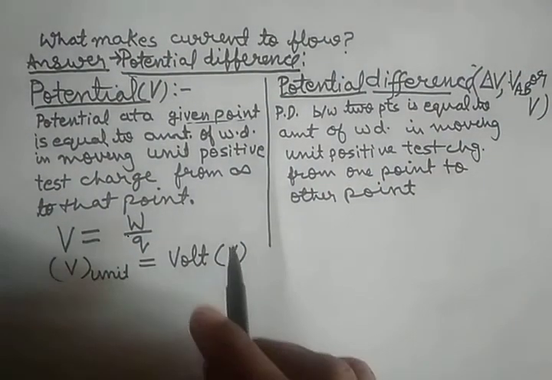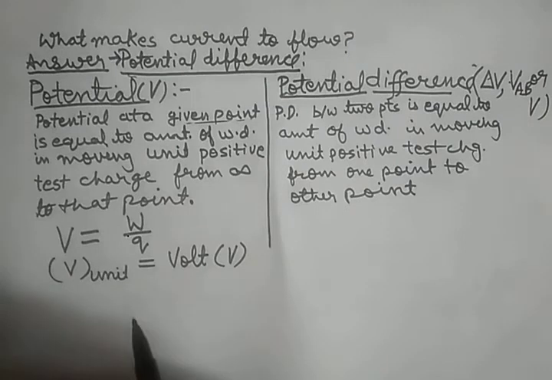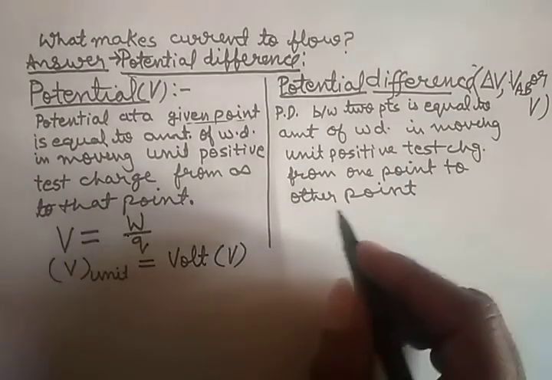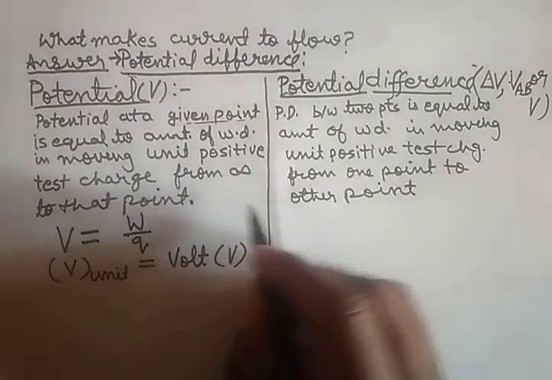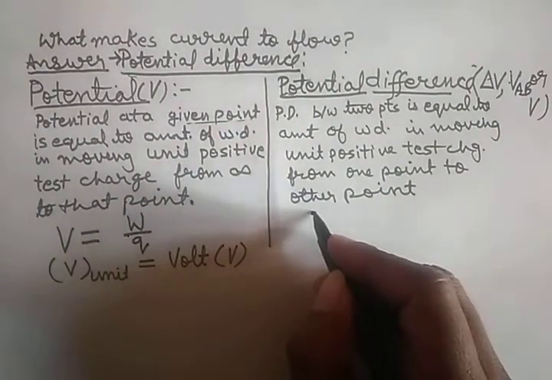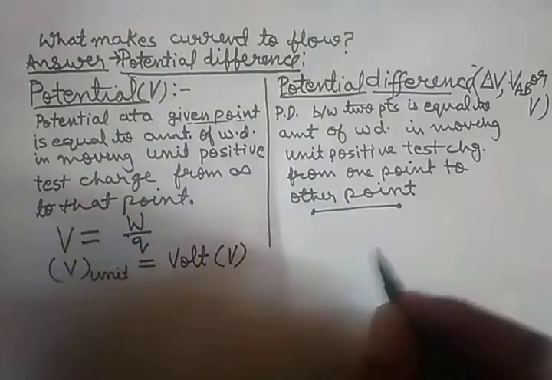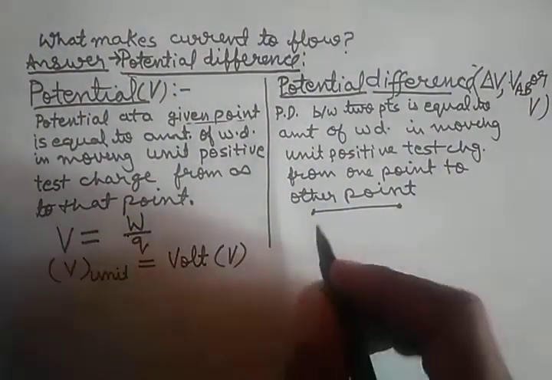Infinity to that point means we have brought it from very far off. And here we have brought it from far till this point, and now from this point to the other point. So we will find the difference between them. That is why it is potential difference.